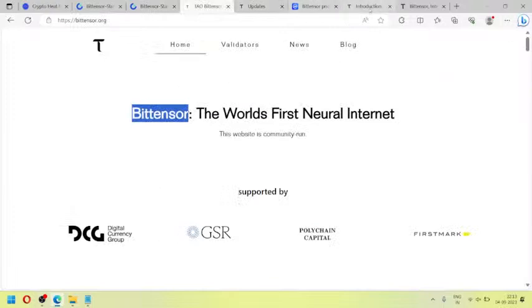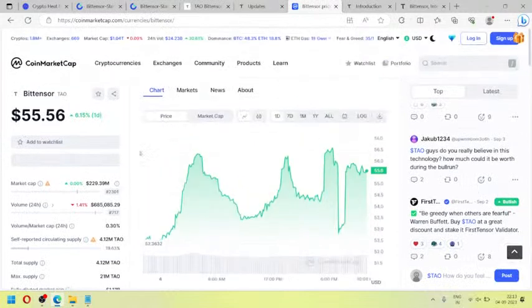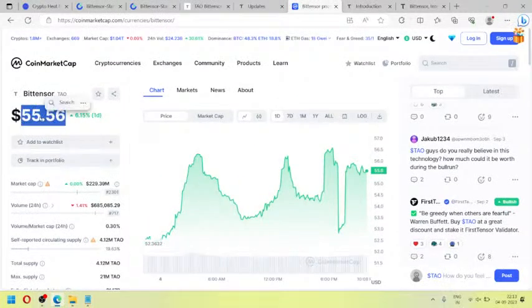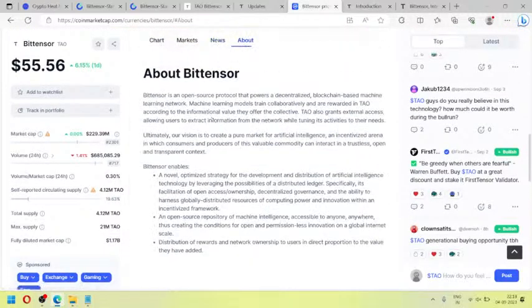And here you can see the details of Bittensor. One Bittensor token is 55.56 USDT. About Bittensor: Bittensor is an open source protocol that powers a decentralized blockchain based machine learning network.